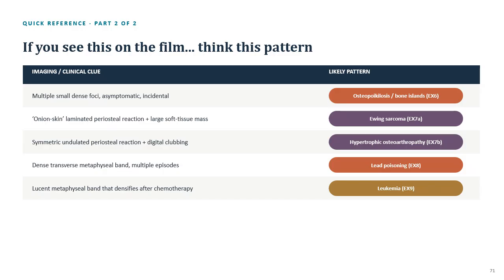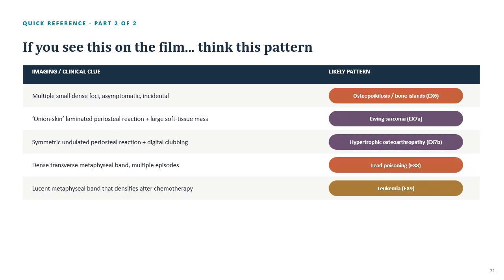If the periosteal reaction is symmetric and wavy in several bones, and the patient also presents with things like digital clubbing, they may lean toward hypertrophic osteoarthropathy, which also can be associated with heart disease and chronic lung disease. If we're seeing multiple dense metaphyseal bands, especially after the patient has had repeated episodes, they may tend to think of some sort of poisoning, specifically lead poisoning.